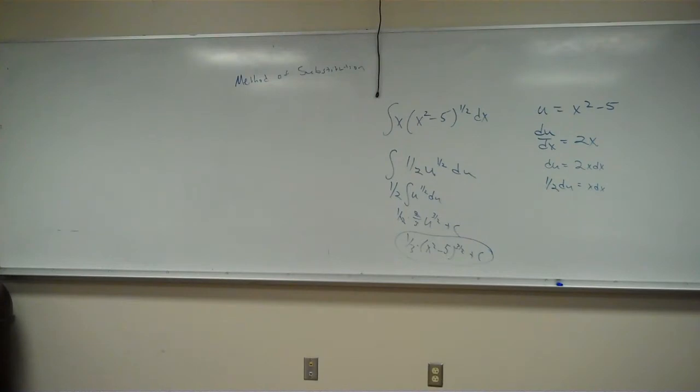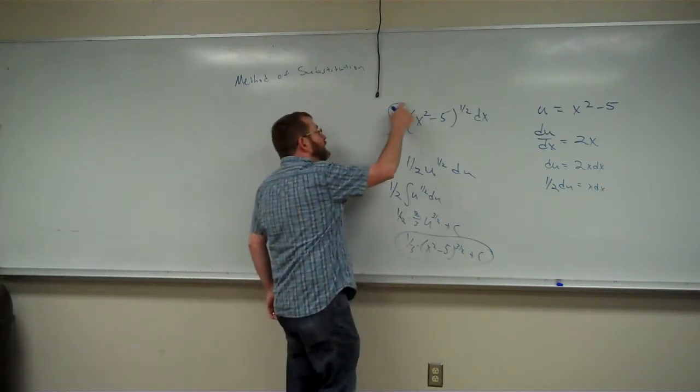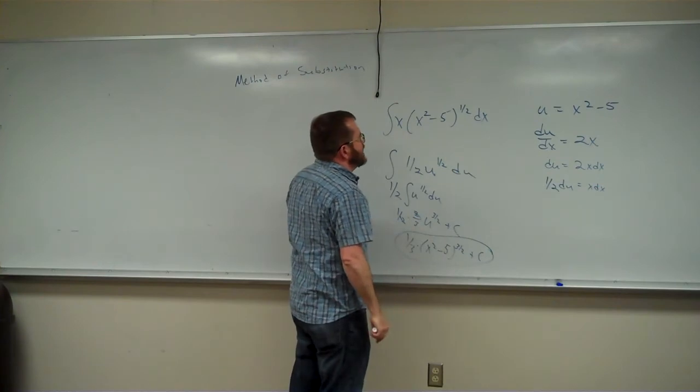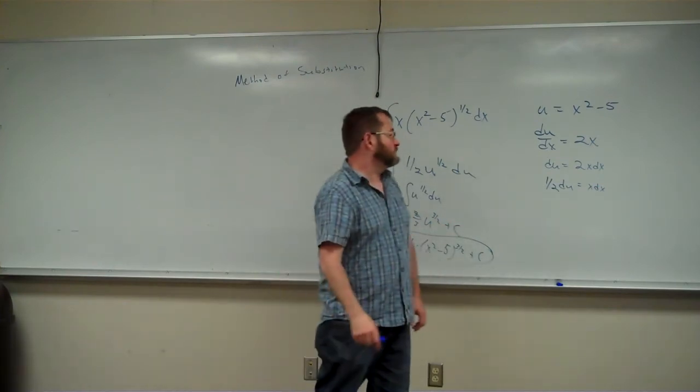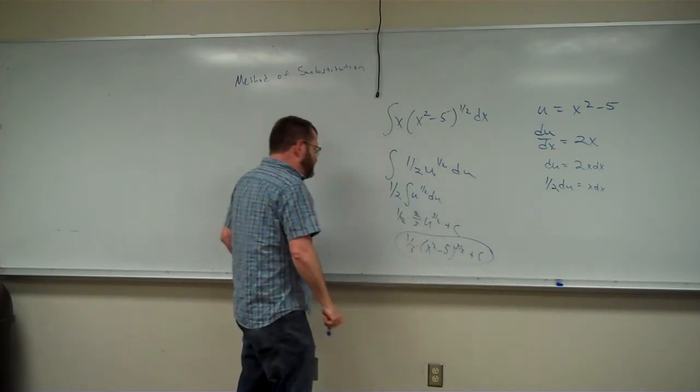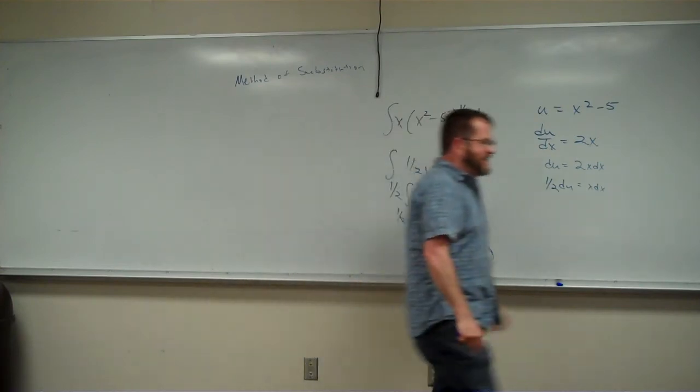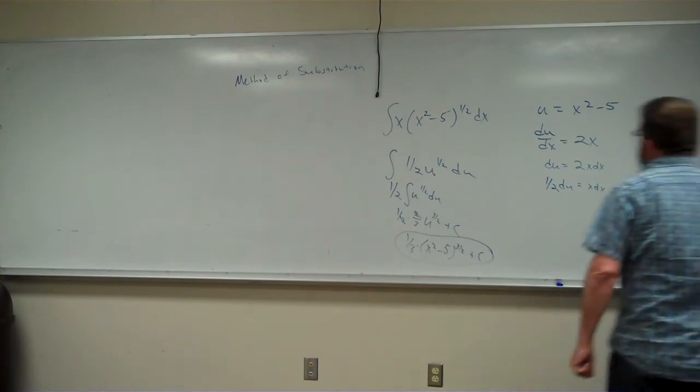Everything I've shown you so far has been for an indefinite integral, where I don't have those limits of integration at the top and bottom of the integral symbol. That's why we keep adding c, because they were indefinite integrals. What if we had the same sort of problem, but it was a definite integral, with limits of integration on the ends?